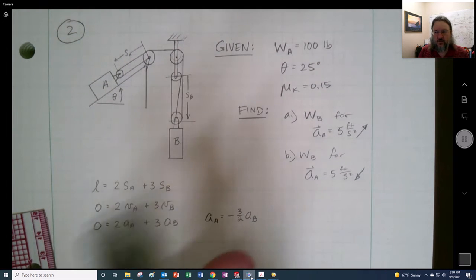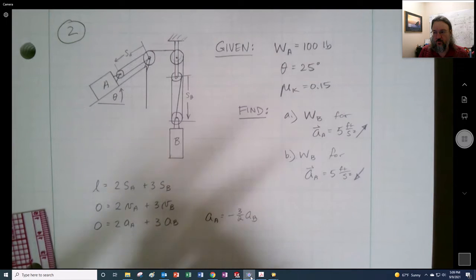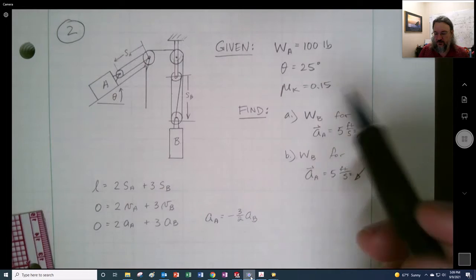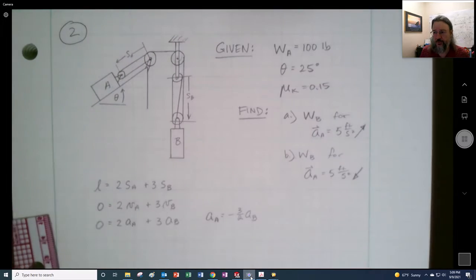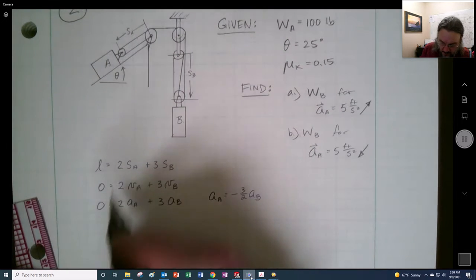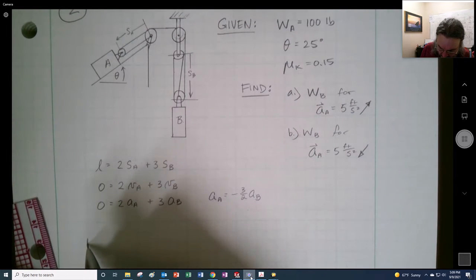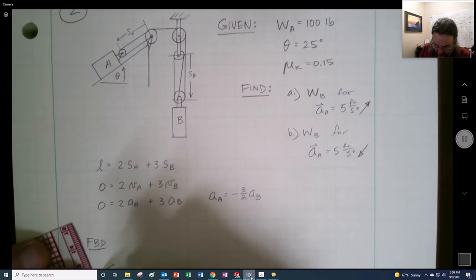All right. So one thing we have to be careful about, we might want to be lazy and just do one set of FBDs for both parts A and B, but I really think it'd be better to just redraw the thing and pretend like we're starting fresh. Okay. So let's take the FBD of A, and it's a good idea to do that slope thing again.